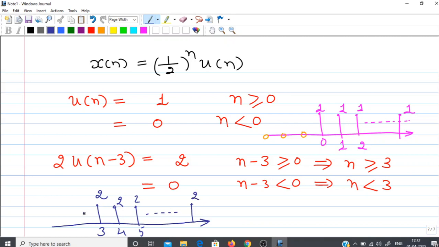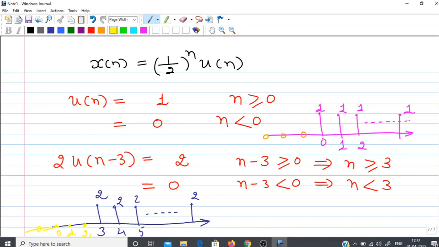But for the values of n less than 3, what would be the values? 0. So at 2, what is the value? 0. At 1? It is 0. At 0? 0. At minus 1? 0. So for n less than 3, the values are 0. This is called a unit step sequence.